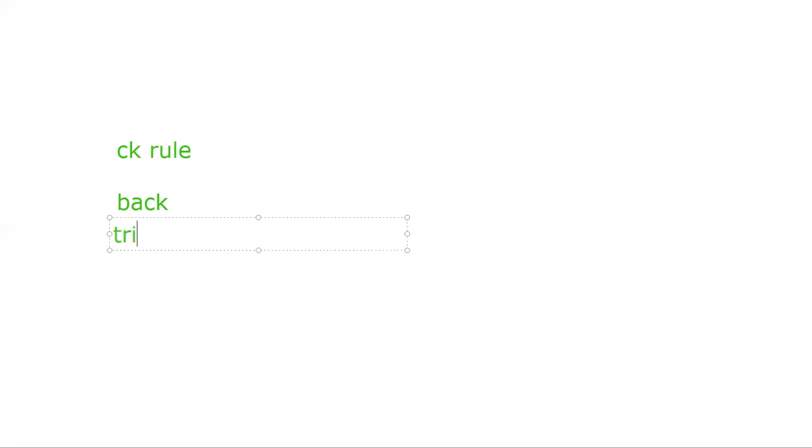Like in trick, so I is a short vowel sound. Neck, E is a short vowel sound. O is a short vowel sound. U is a short vowel sound.